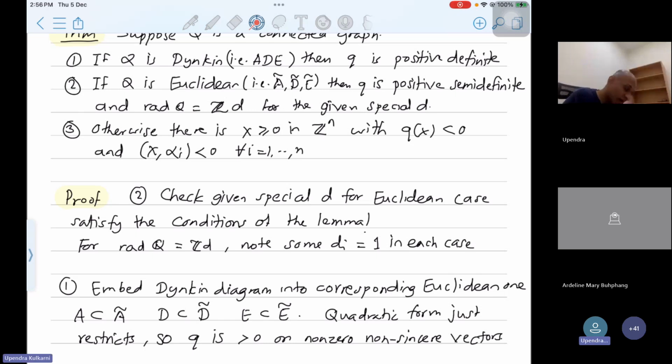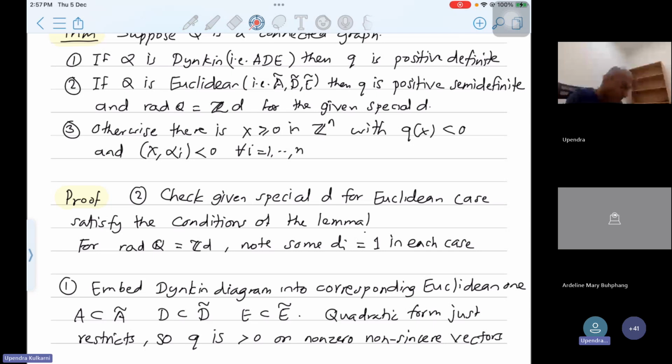Yeah, so I need to show that Q is positive definite, right? So let me just gather my thoughts over here. Okay, now I understand.